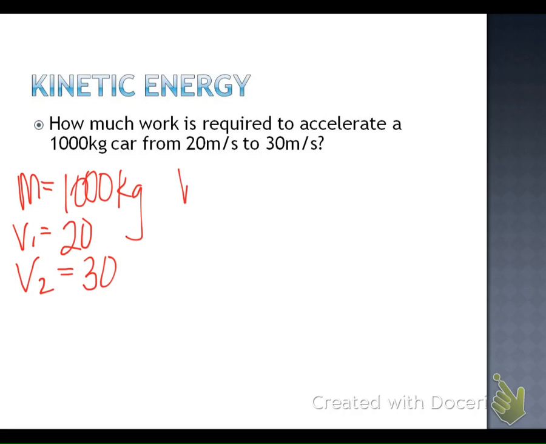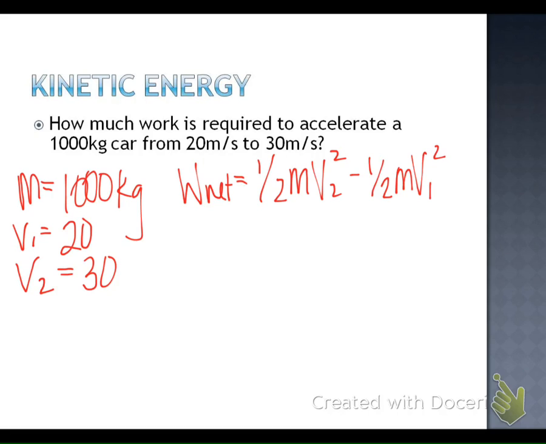If we want to find net work, we're going to take 1/2 m v2 squared minus 1/2 m v1 squared. Are we clear where these equations came from? Those are both kinetic energy equations. This is for my final, this is for my initial.